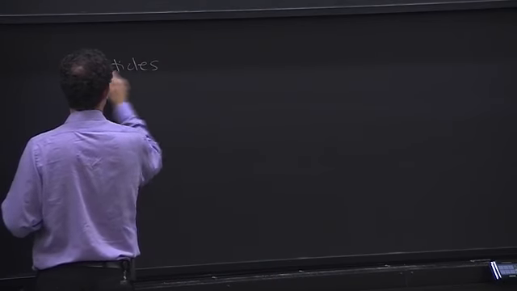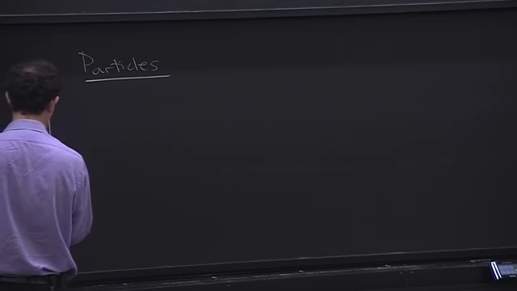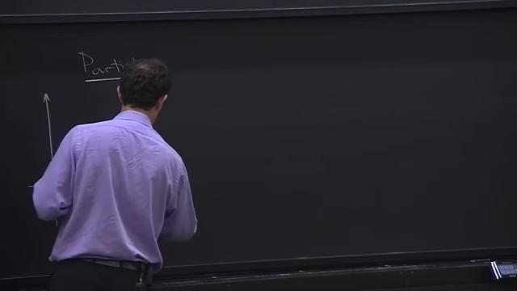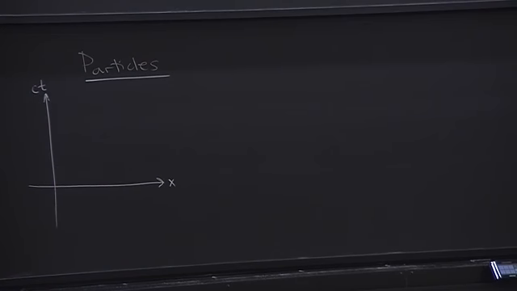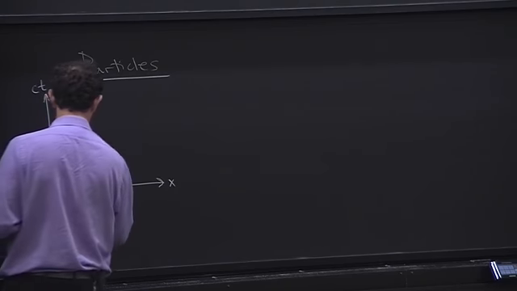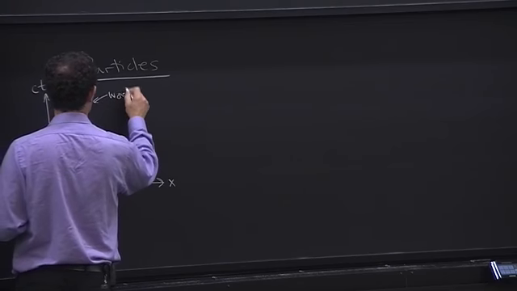So, particles. Okay, so what is a particle? Well, a particle is a point-like object which moves in space-time. A particle travels in space-time along some world line.